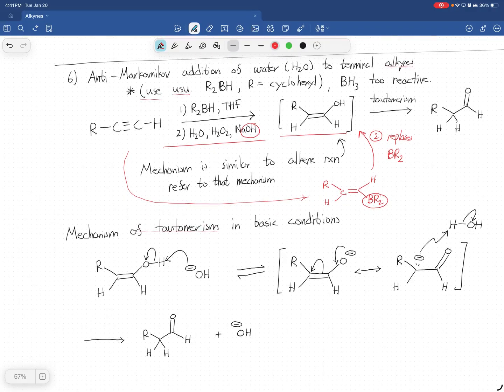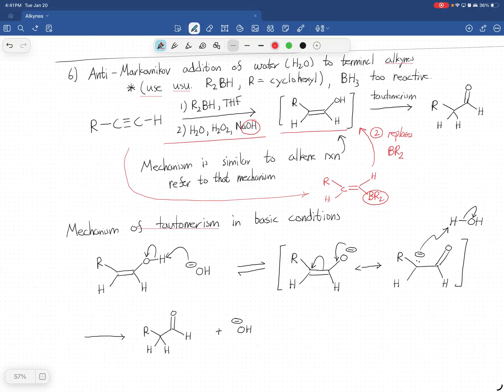Okay, but are there any questions here? So the only difference here is that you're forming the aldehyde instead of the ketone. And it's based on hydroboration oxidation. Similar mechanism to the alkene one. 4, 5, okay. 36, okay.